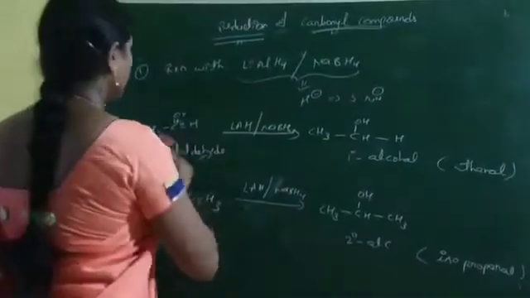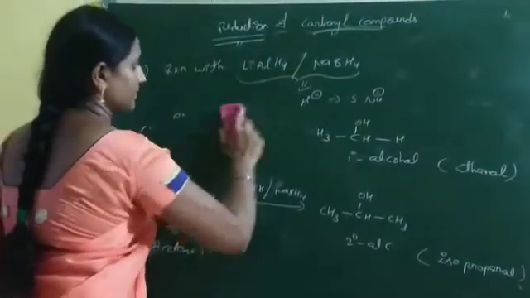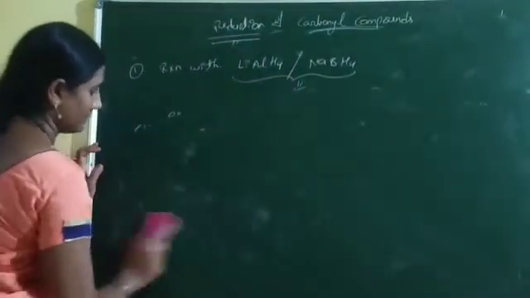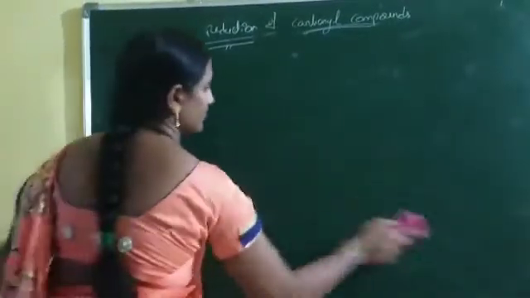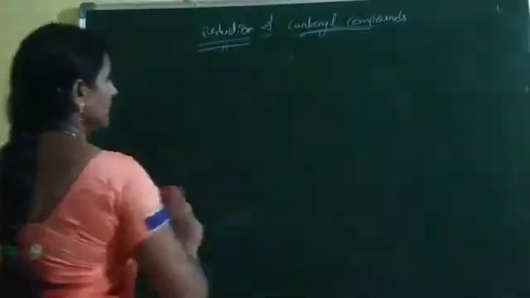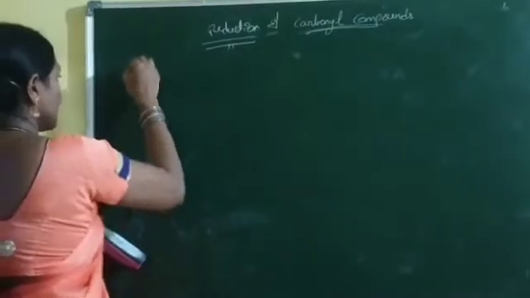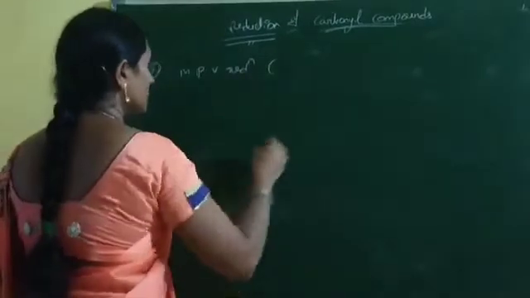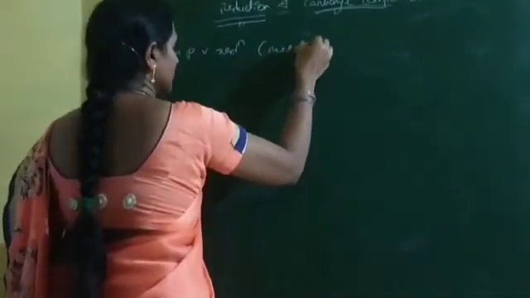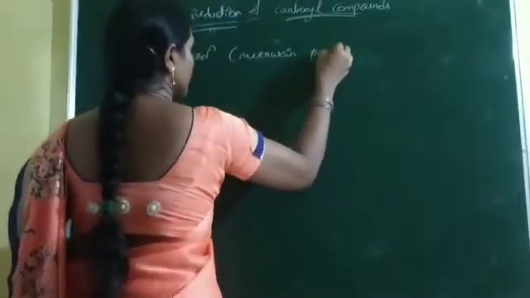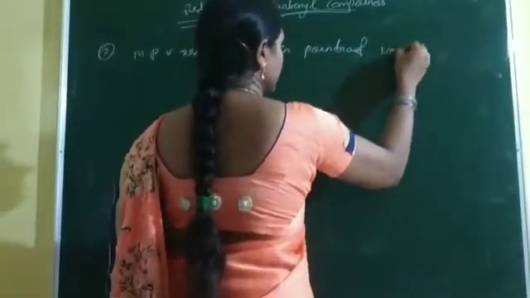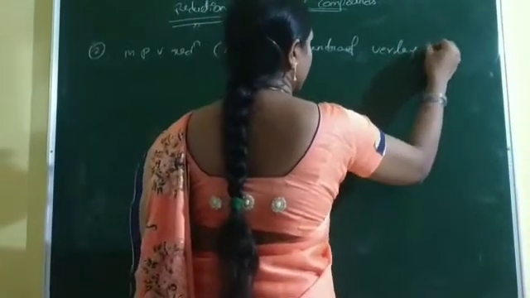Another reduction of carbonyl compounds is MPV reduction. MPV reduction means Meerwein-Ponndorf-Verley reduction.